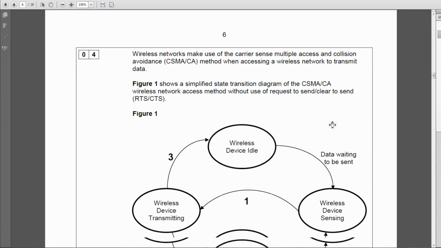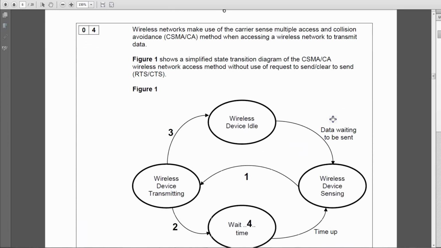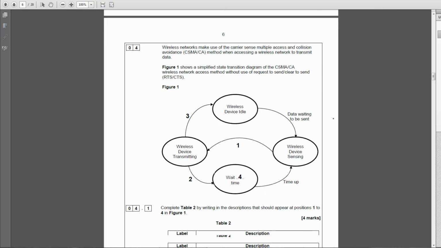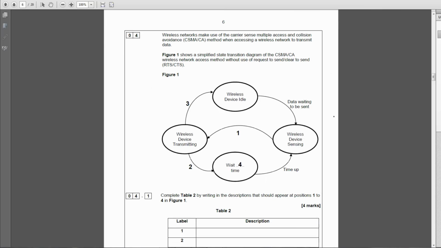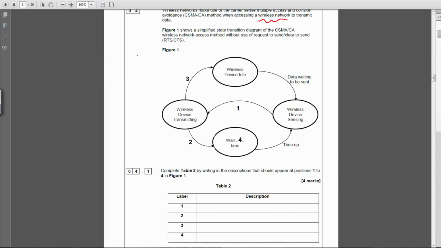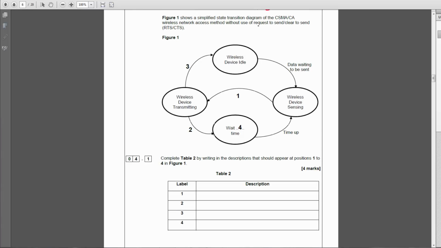Okay, so next question, let me zoom out, it's got a bit of a big diagram. Wireless networks make use of a carrier sense multiple access and collision avoidance method. This is a protocol you need to know about when accessing a wireless network to transmit data, so we're talking about wireless networks here, maybe that's worth underlining. It shows a simplified state transition diagram of this protocol without use of request to send.